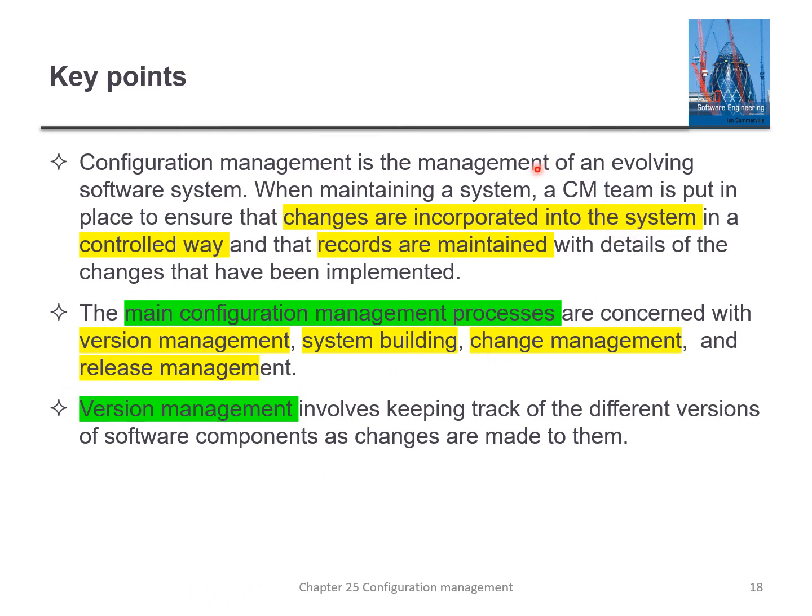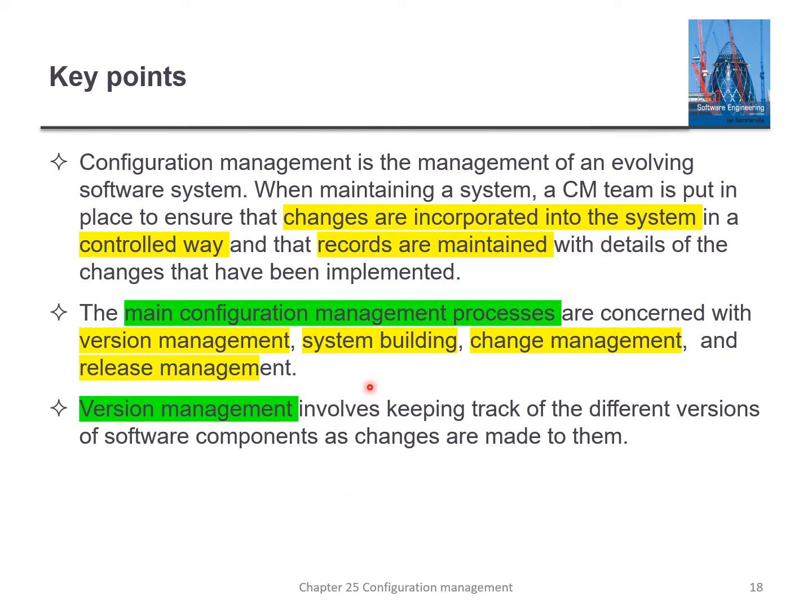All this needs to be handled in a proper, controlled and organized way so that all the records are maintained. This is a very long process. People come and go, so nobody actually remembers what versions are running for a certain customer. So all this needs to be recorded.